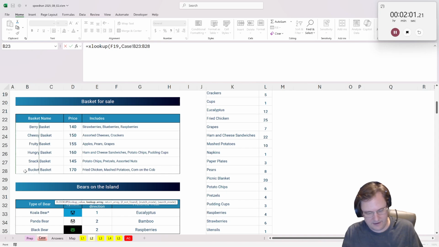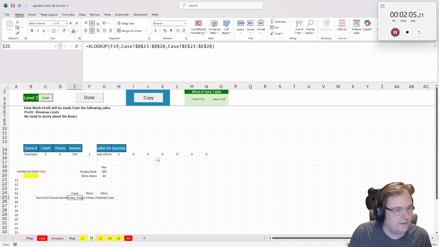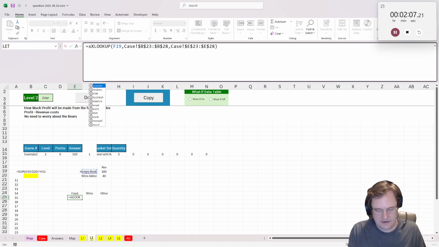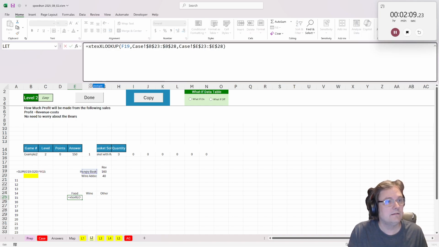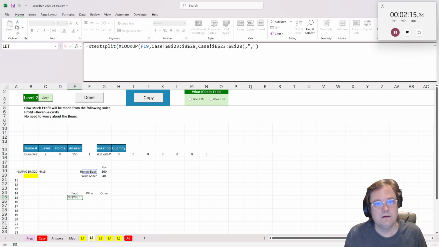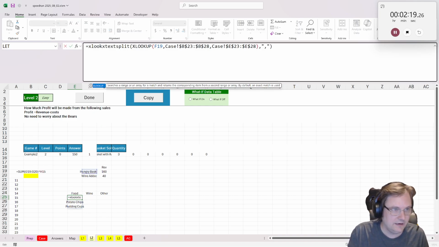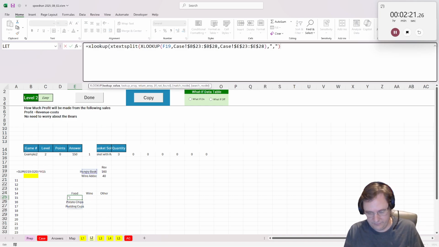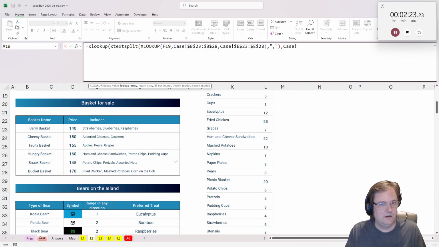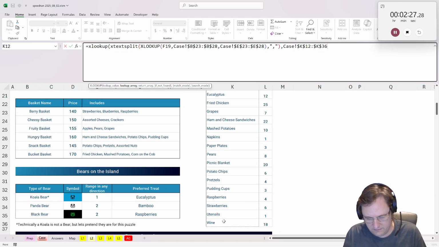So I gotta pull that from here, turning on there. So now if I XTEXTSPLIT that, again on commas. All right, now I got the name of the ingredients, and then I'm just gonna look up the name of the ingredients on the cost of the ingredients list here.